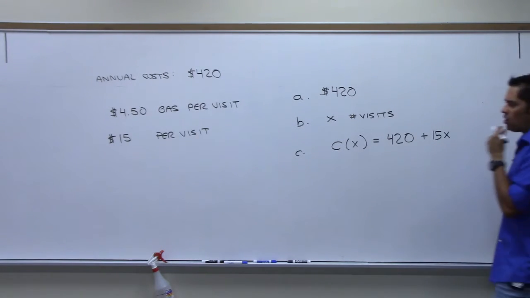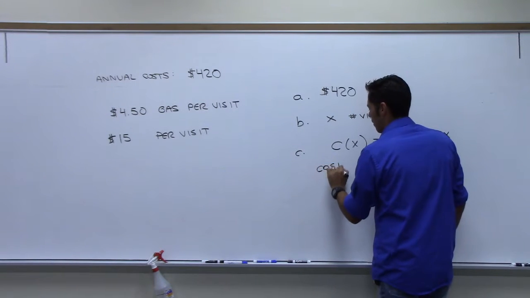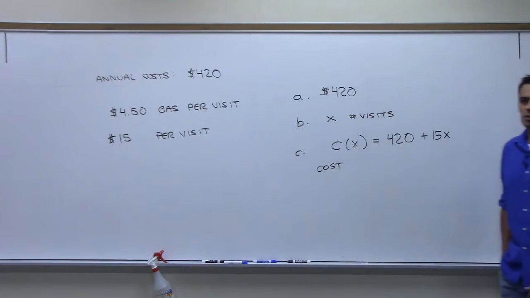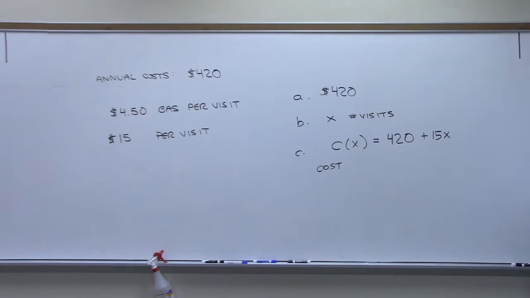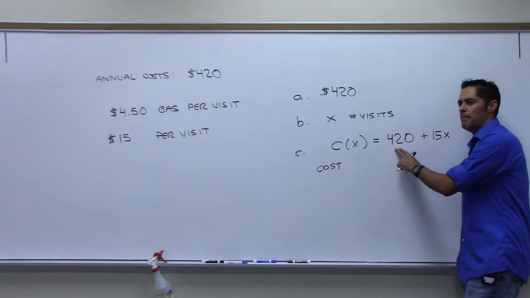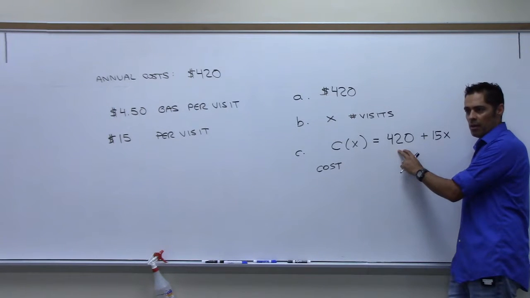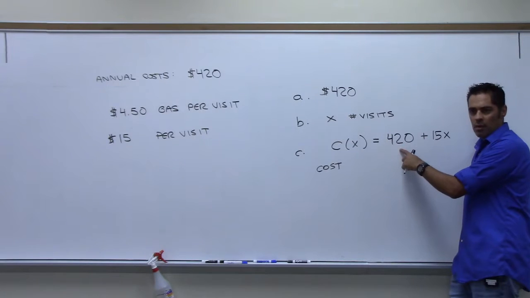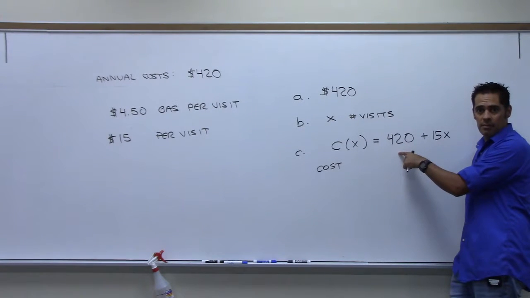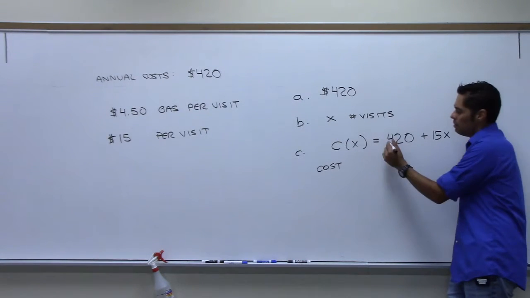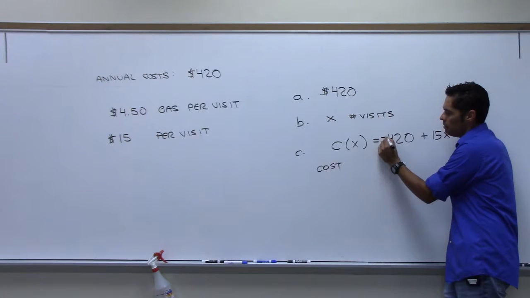We want this to be a cost function, right? Cost. How much cost does he have? So is this 420 income or out? It's an expense, it's out, right? No matter what, he's in the hole 420 per year. So we should incorporate this 420 in our equation as a negative because it's a cost, right? So let's go negative here, 420.